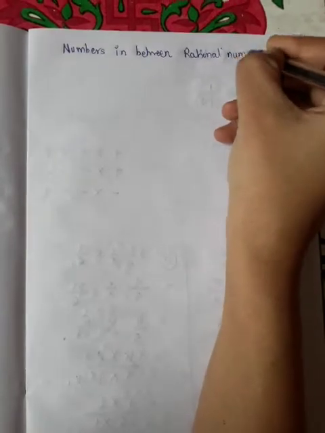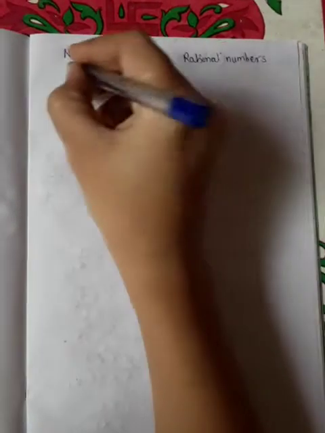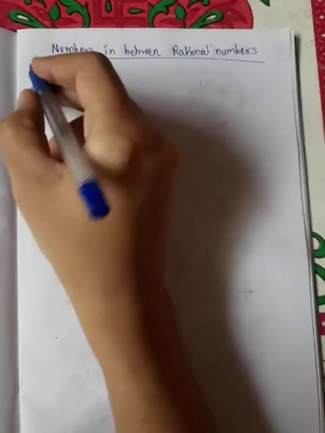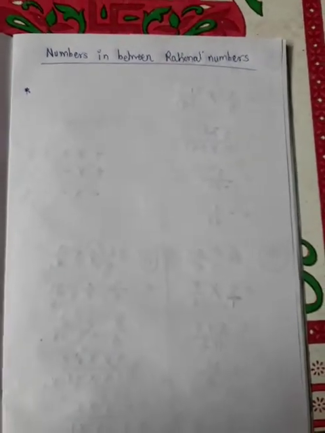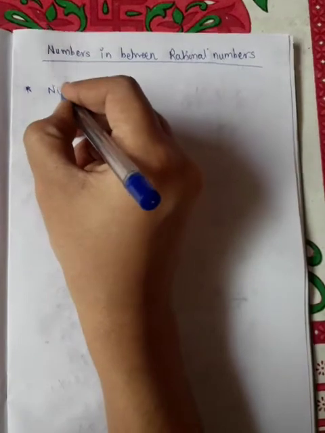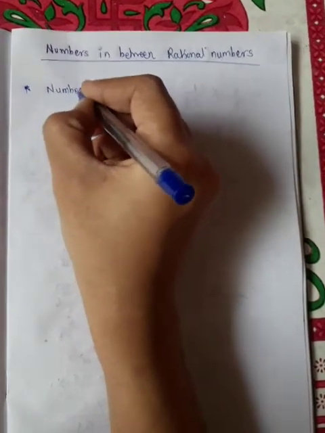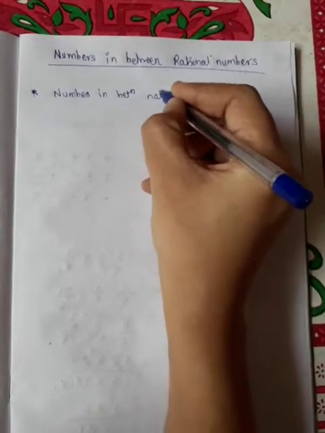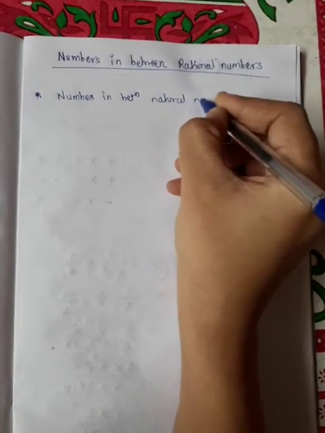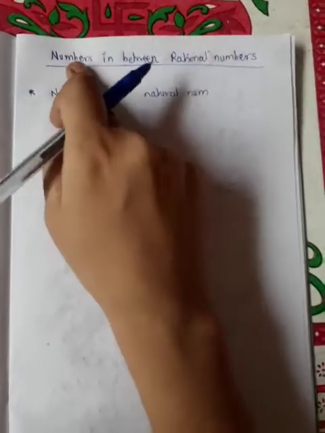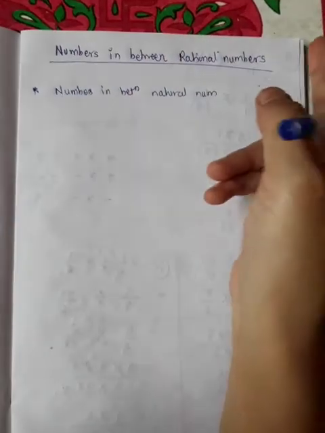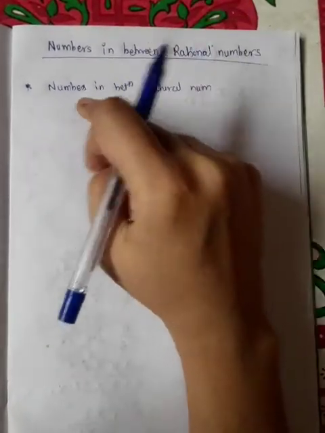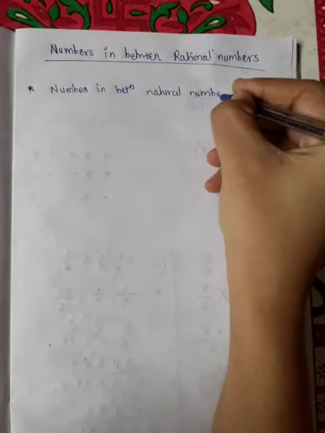So before that, we can find the numbers in between natural numbers. Okay, before finding numbers in between rational numbers, first see how to find numbers in between natural numbers.